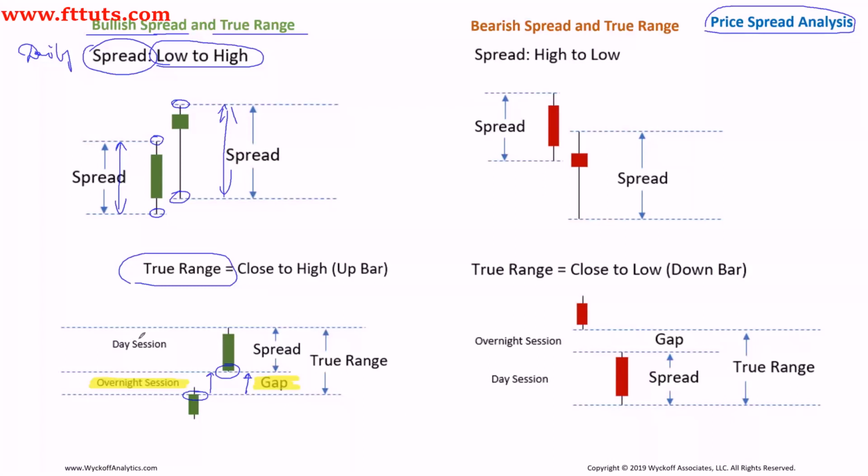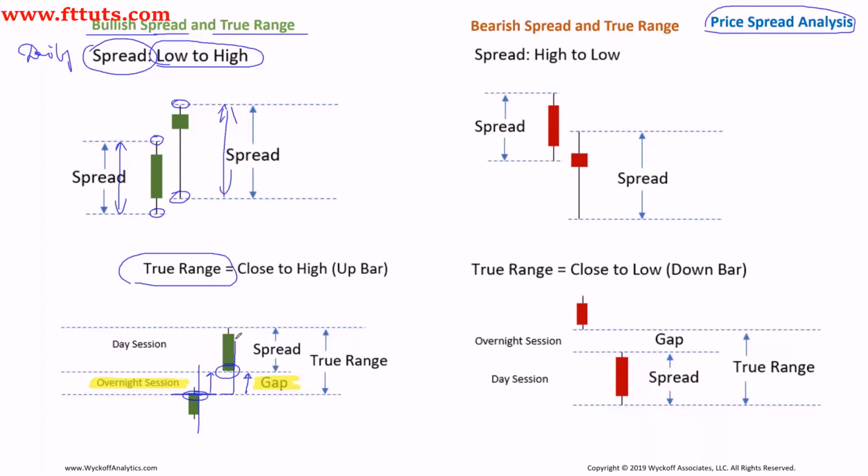So coming back to the true range definition, when we have a gap, we want to understand the full movement of the price on this next day. So the close of the previous day will be the time for us when we say this is where the next day begins.